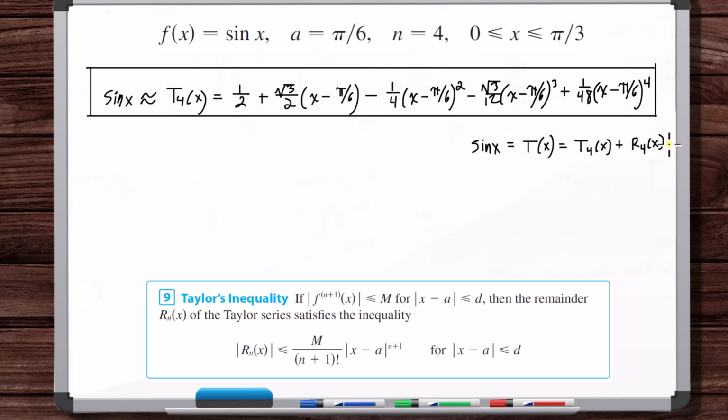We're trying to get an estimate on how big this can be at most. So we want to plug n equals 4 into Taylor's inequality.